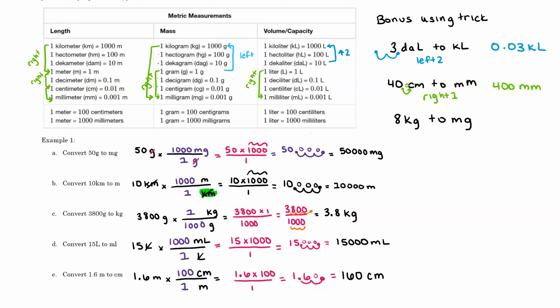So I have to move my decimal right 6. So here's my decimal. I need to do 1, 2, 3, 4, 5, 6. So I have 8, and 6 zeros, 8 million milligrams.